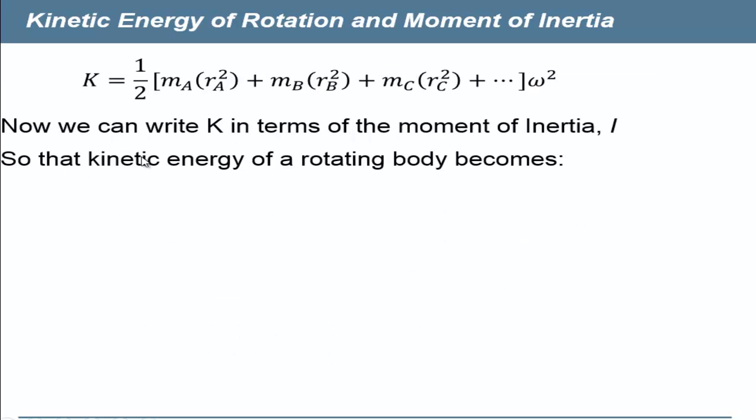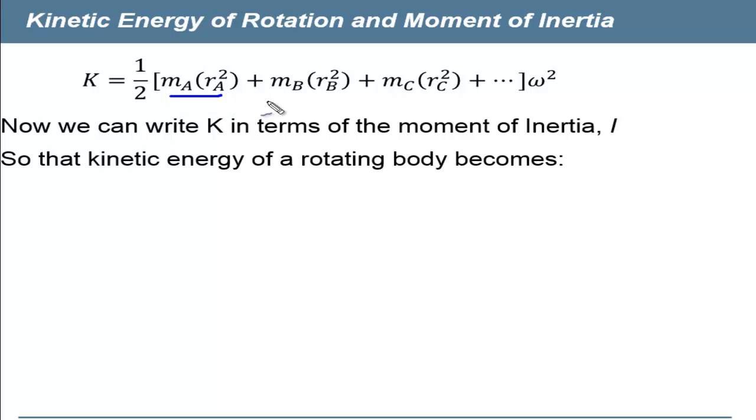So now we can write the kinetic energy in terms of the moment of inertia with that defined. And I'm not going to make you add up a zillion points to come up with your moment of inertia. We can actually use some tables. This is derived fairly easily with a little bit of integral calculus. We can define the mass times the distance squared for a uniform solid, I should say.